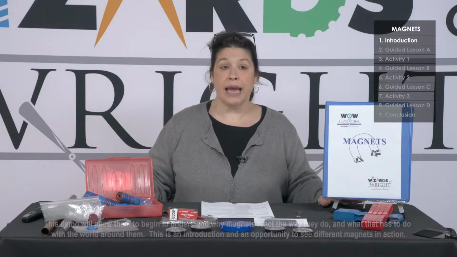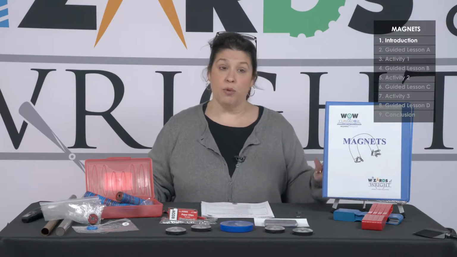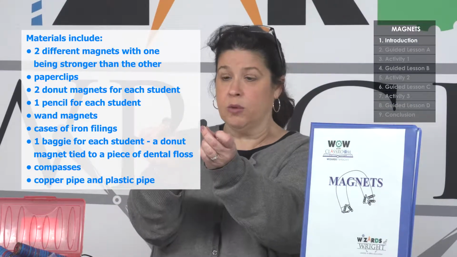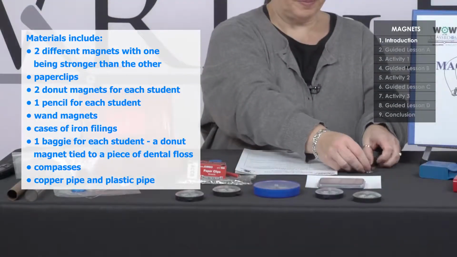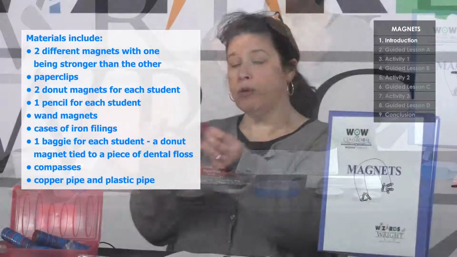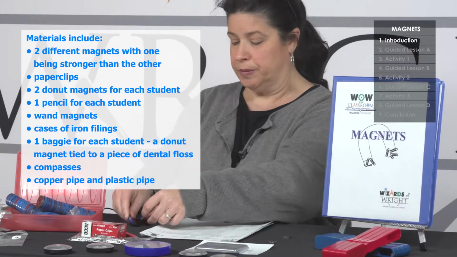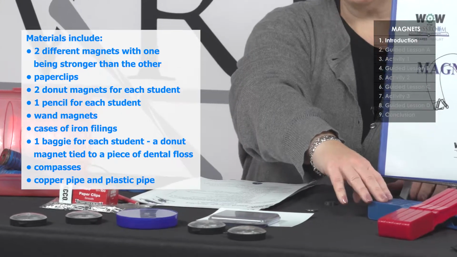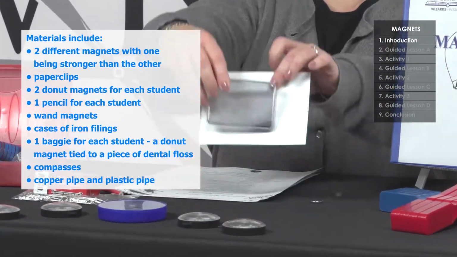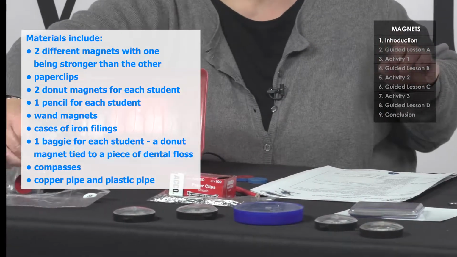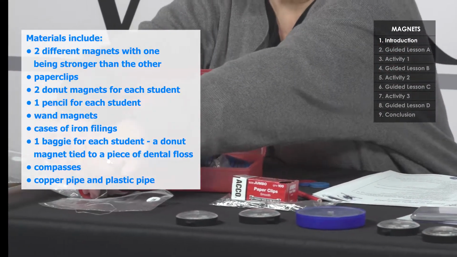When a wizard brings our magnets kit, or if you borrow it, like you can with all of our kits through WOW on Wheels, these are the materials included. There'll be 2 different magnets, one being a little stronger than the other, paper clips, 2 donut magnets for each student to use, a pencil for each student to use, wand magnets, cases of iron filings, baggies for each student, and in each baggie, hold on, the magnets are working.